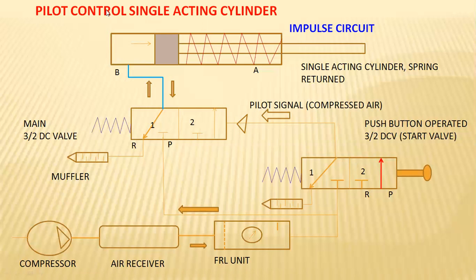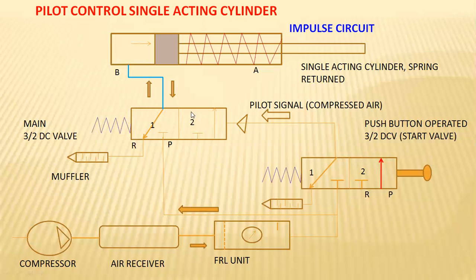So pilot control means the main DCV is operated with the pneumatic system. The normal compressed air entering the first DCV is interconnected to supply the main directional control valve.